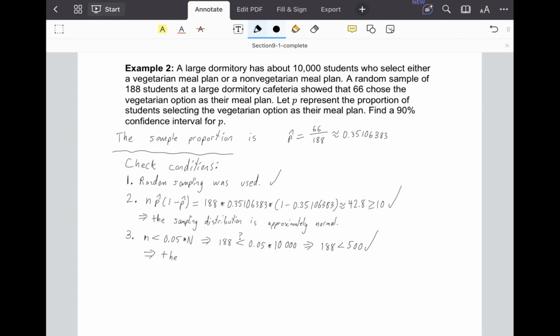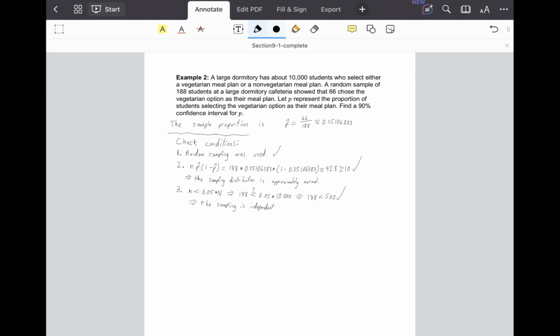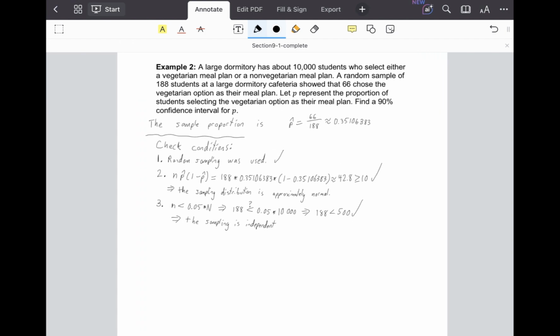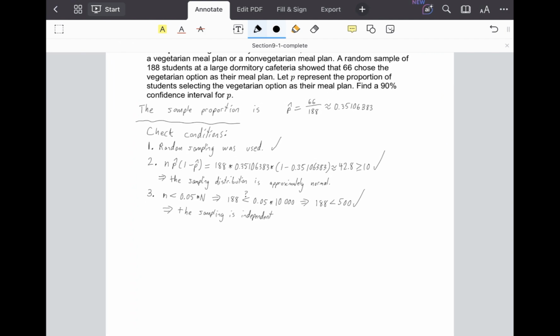And so we can say the sampling is independent. Okay, all three conditions were met, so we're good to go.